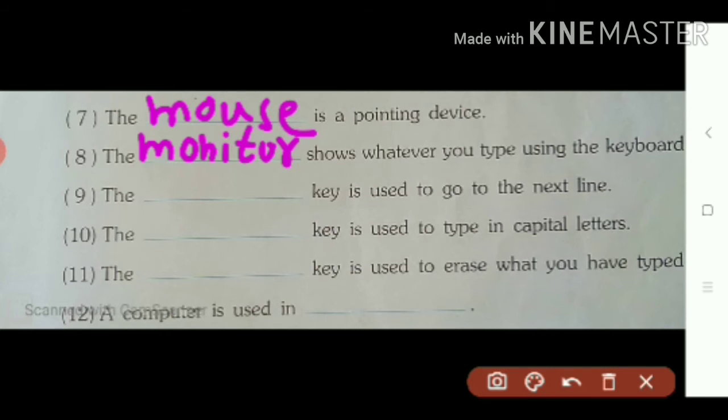MONITOR, monitor. Next, the dash key is used to go to the next line. Enter. ENTER, enter key. Then 10th one, dash key is used to type in capital letters.